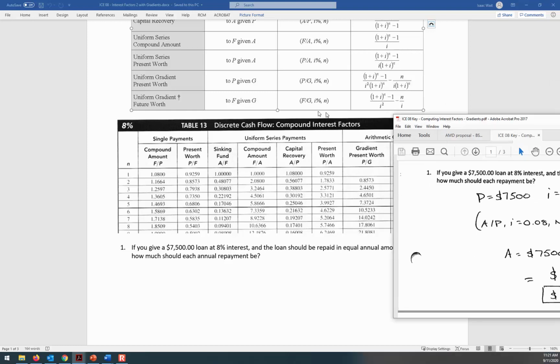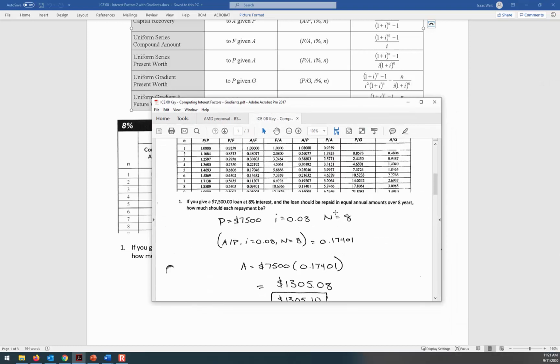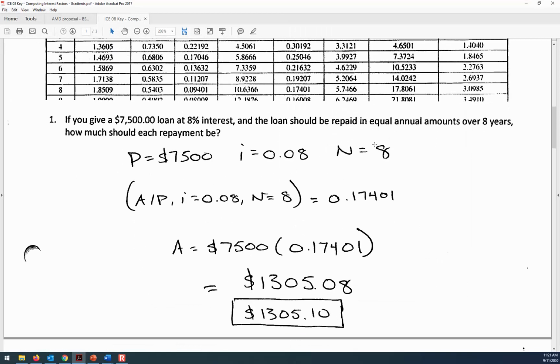Okay. So remember, it's an important thing to summarize this according to the standard notation that we follow. P is 7,500, I is 0.08, N equals 8. And so then when we fill that in, inside of the parentheses, we include the labels just to make it clear what's going into the first field as an interest rate, what's going into the second field after that is the number of periods.